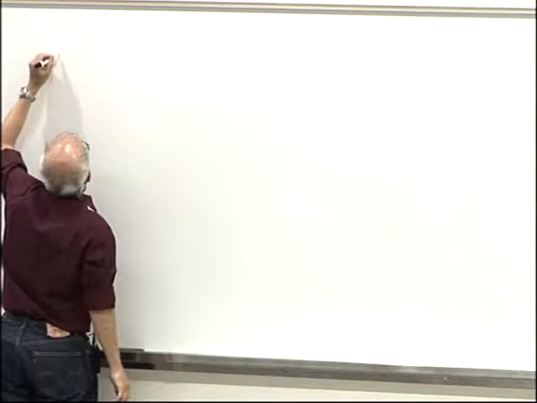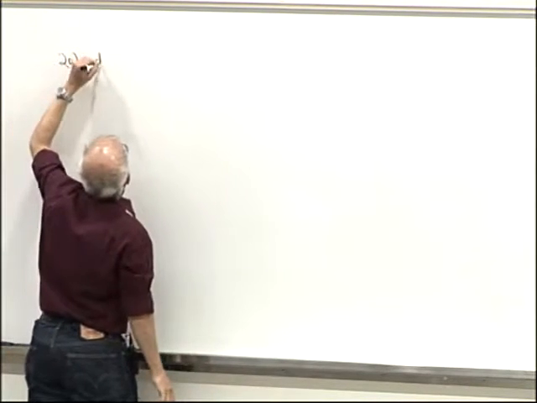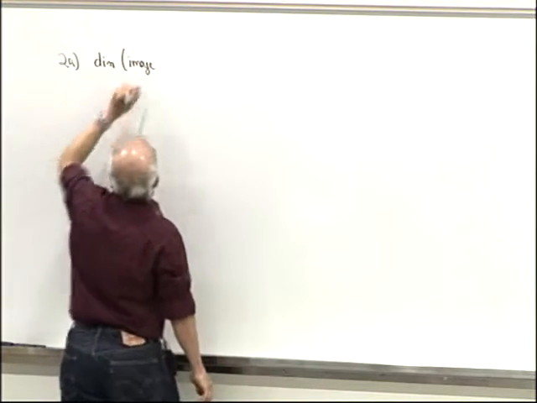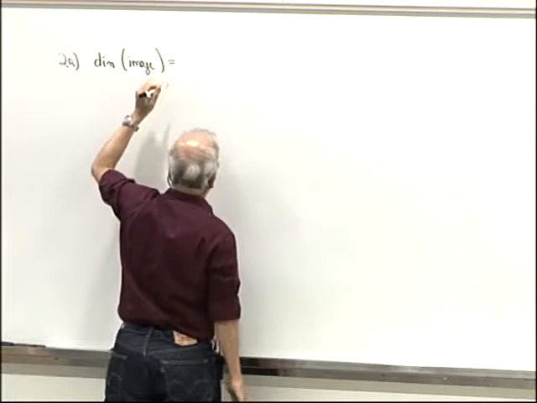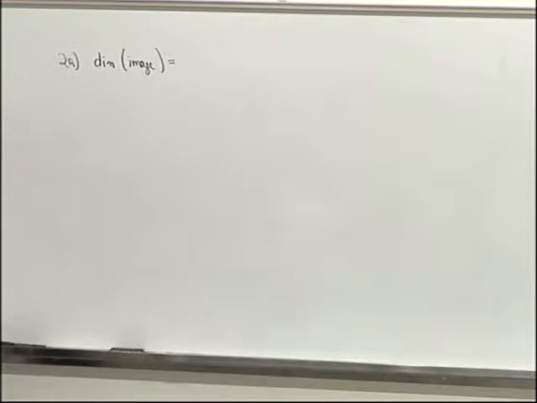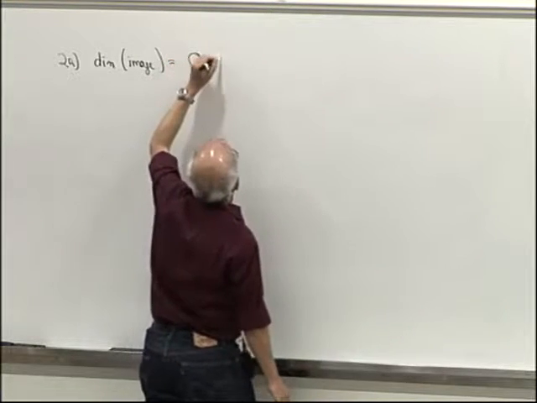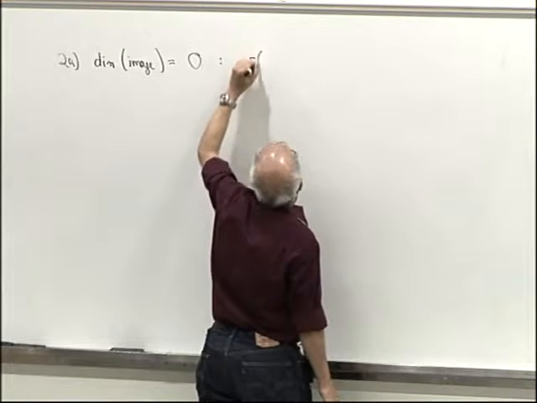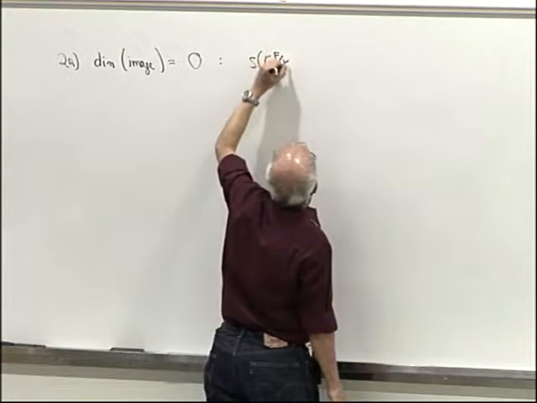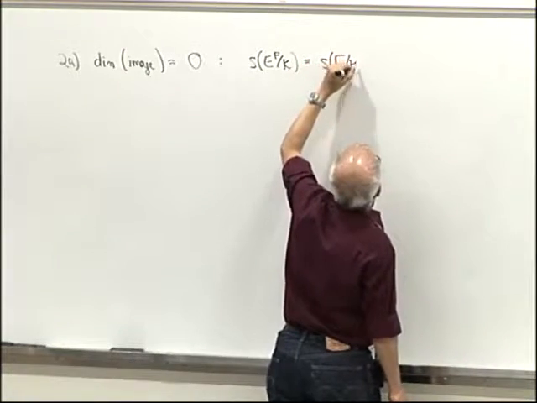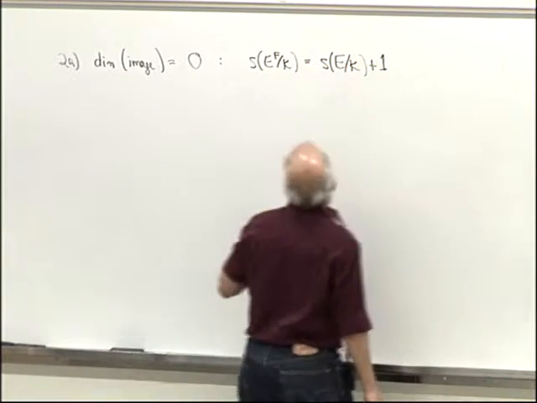So, well, 2a, the dimension of the image of that localization map is 0. I want to say 0 first. Then the Selmer rank of E^F over K is going to be 1 more, plus 1.